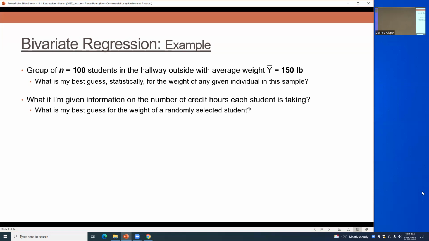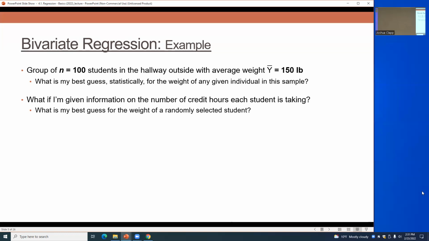Now what if I gave you information? I say, all right, I've got a second undergrad, Emily. I want you to give me your best guess of the weight of this student. This student is also taking 14 hours. What is your best guess for that student's weight? Why is that? It's the same random sample, so that's the mean.